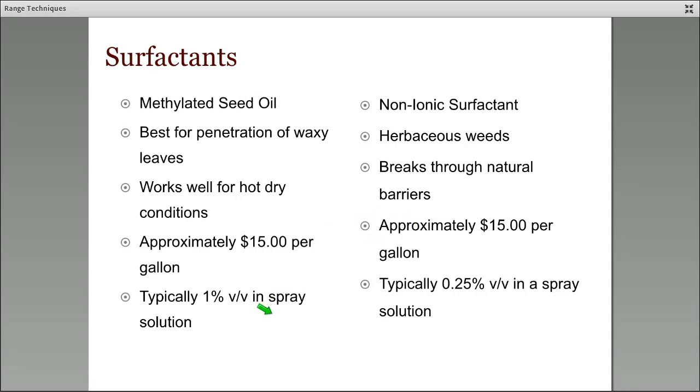However, if we look at the price per acre, and if we look at the usage rate, an MSO methylated seed oil will always be a little bit more expensive. For the non-ionic, the usage rate is 0.25%. The methylated seed oil is 1%.